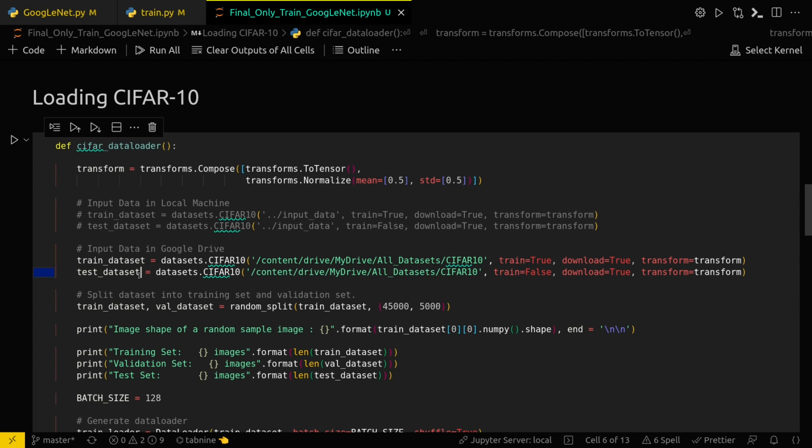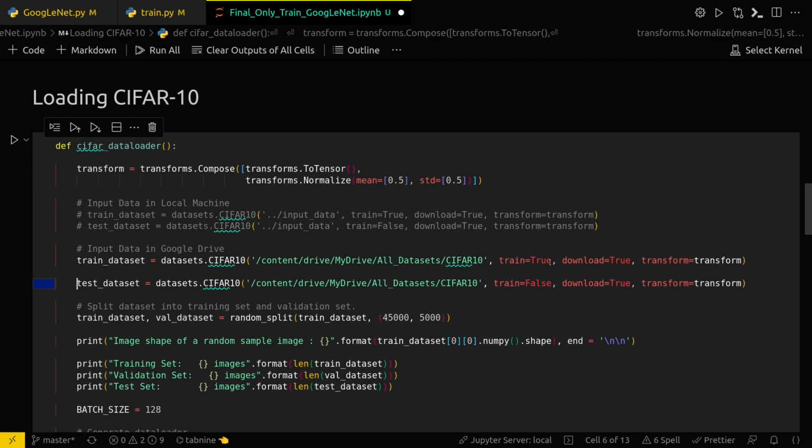Because I am getting both the train and test dataset, in the first line I'm mentioning train equal to True, and for the test, train equal to False. And for the transform, I'm applying only a very basic transform, that is transforming them to tensors and also normalizing them to a mean of 0.5 and standard deviation of 0.5.